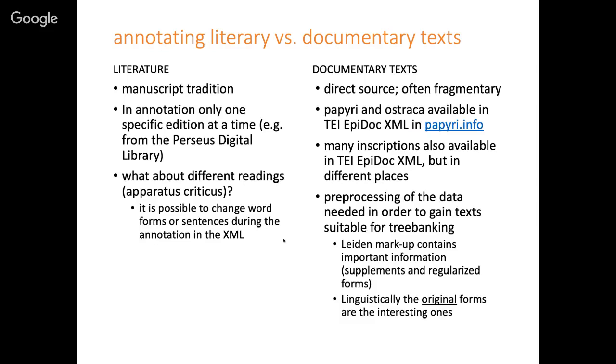So if we want to use those texts, we would need to pre-process them so that we would have a text which is suitable for treebanking. And then we have to think about the Leiden markup. It sometimes contains very important information for supplements and regularized forms for words. And linguistically, the original forms would be the interesting ones.